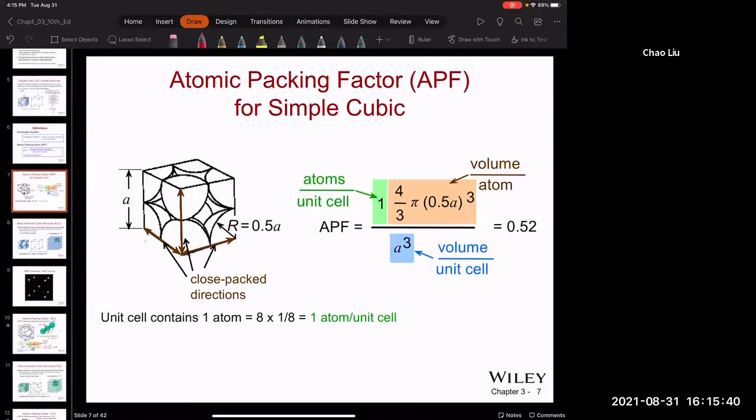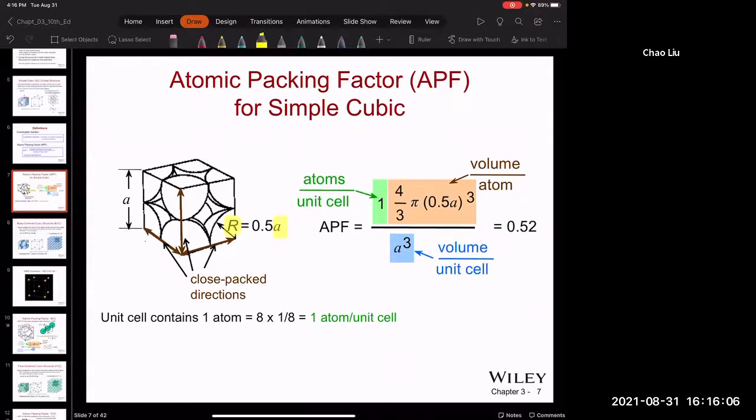And this is important because this will tell us how the radius of the element, which is this one here, is related to the unit cell length. A here represents the lattice length, and you probably heard about this terminology in your previous lab. R is the radius of the atom.